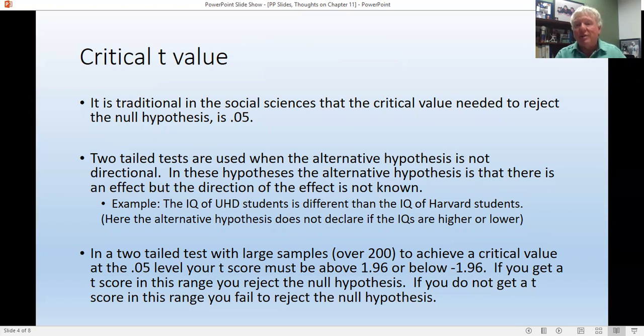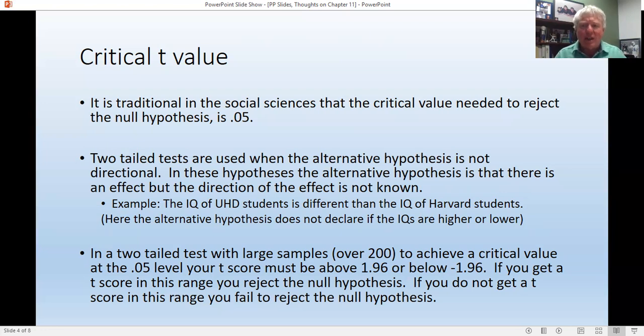Now, there are some journals and some publications that make the critical value different. Could be 0.1, depending on your data. That's a very low standard in most cases, but sometimes it's justifiable when you only have a very small sample. More often than going to 0.1 is the 0.01 level, where it's a very, very high standard to reject the null hypothesis.